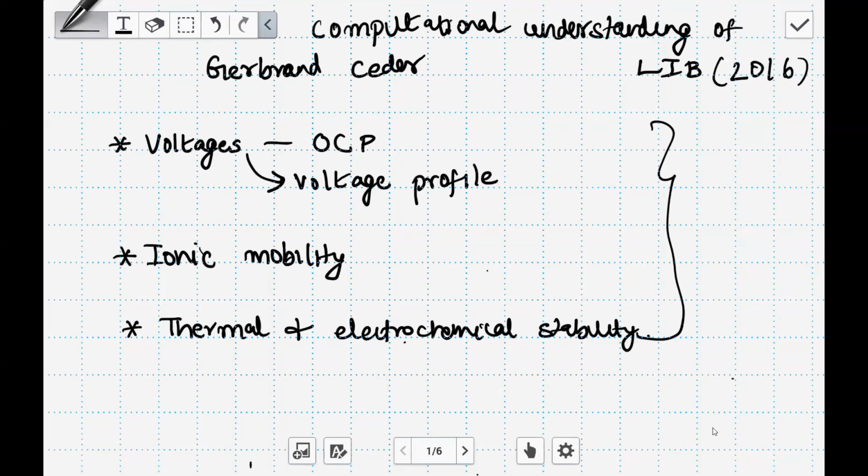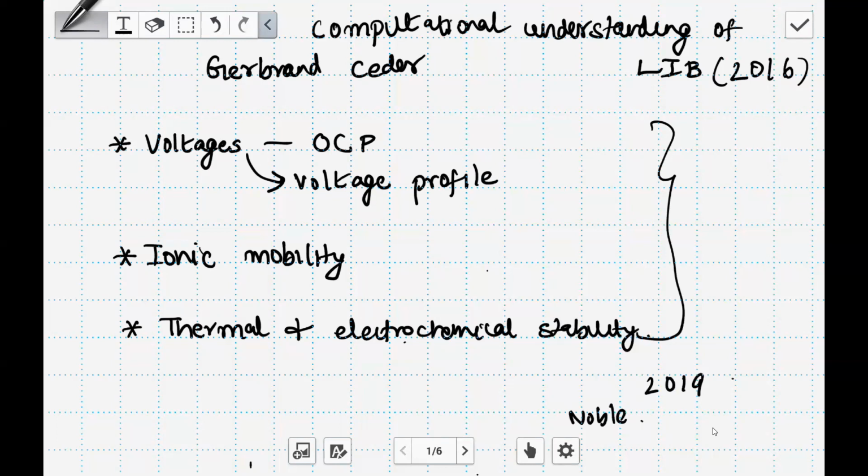Of course, it's a rapidly evolving field because it's a very hot problem. As you might know, in 2019, the Nobel Prize for chemistry was given to three scientists who worked on batteries.